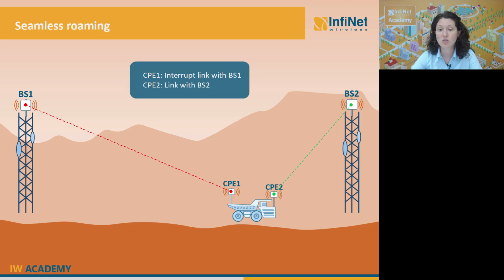You can see that each CPE independently establishes radio links with the base stations, and the data transfer is continuous with no interruption. It is important to add here that the Infimax is responsible for choosing the route with the lowest cost for transmitting the data when both CPEs have their radio links active.